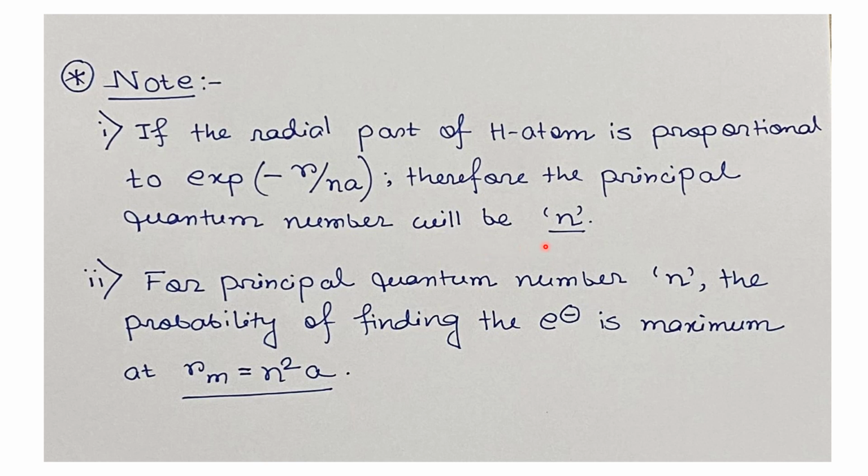Now, if we know the principal quantum number, we can say directly that the probability of finding the electron is maximum at Rm equals n square a. So in our case, n equals 2, so the most probable value of Rm is 4a. This shortcut formula we can apply to find the solution of this question.